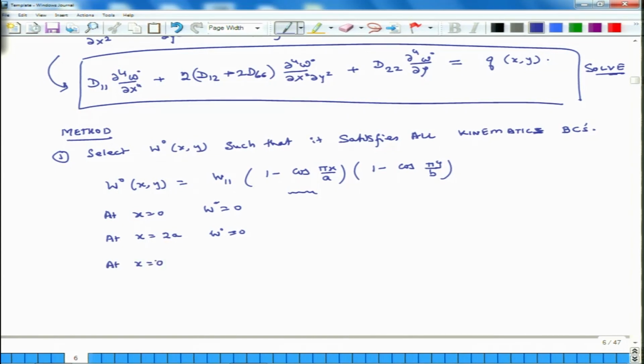At x equal to 0, the slope dw/dx should be 0. So, we see that del w over del x is equal to w11 pi over a times sine pi x over a times 1 minus cosine pi y over b.